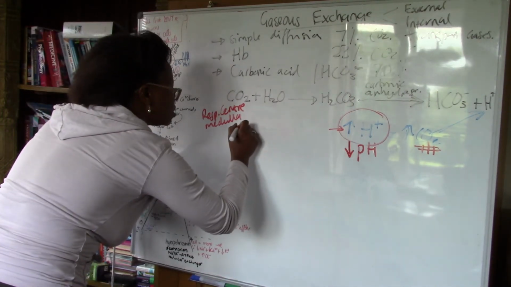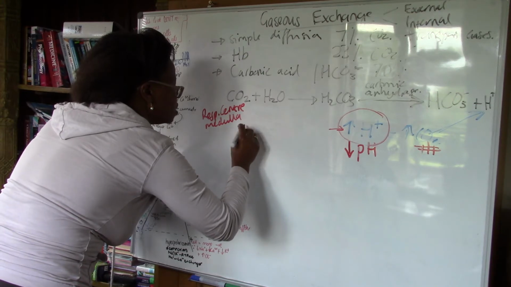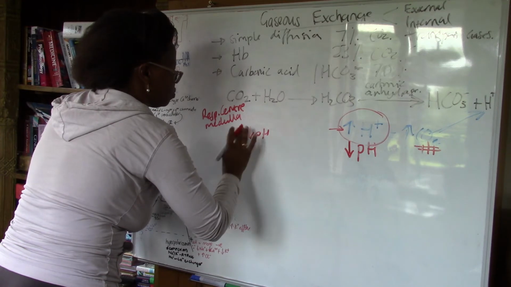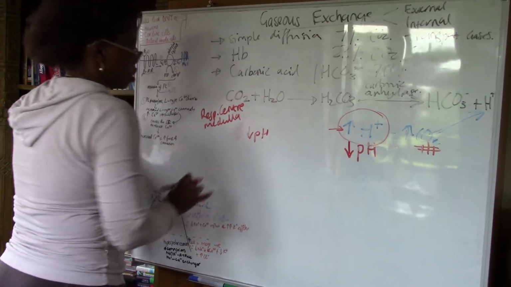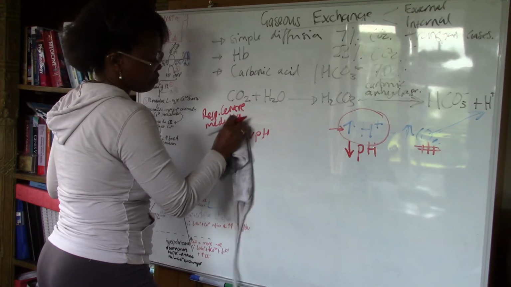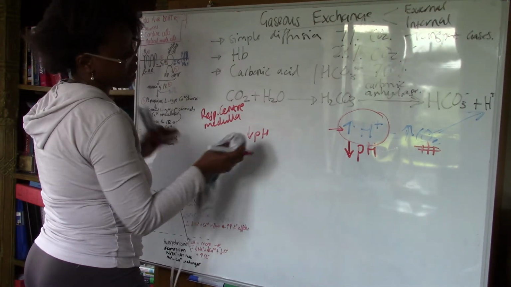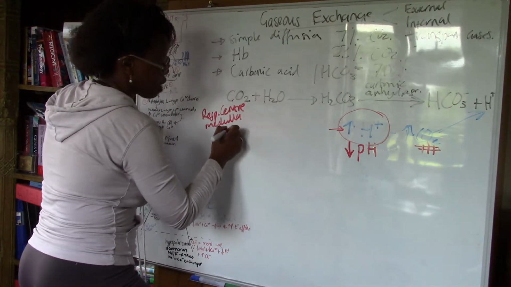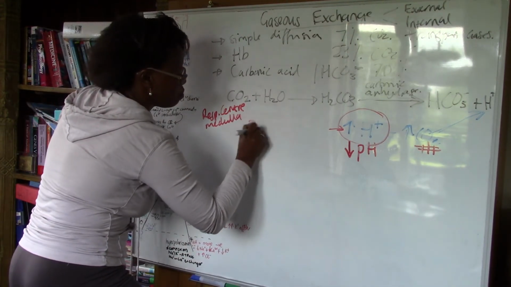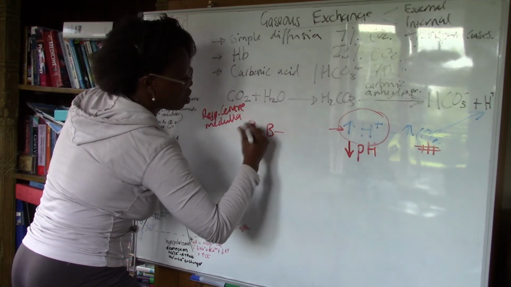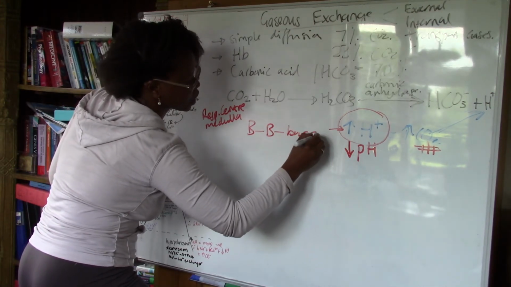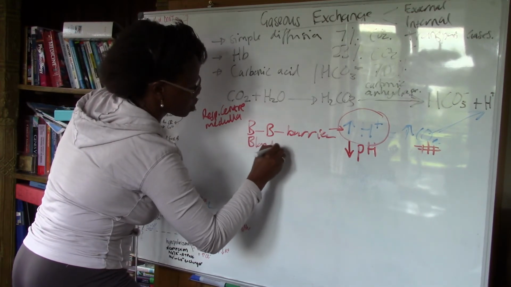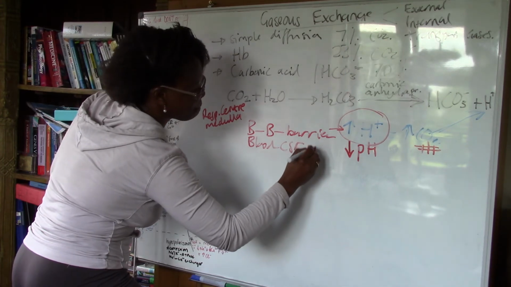So as these hydrogen ions increase and we have a low pH, the respiratory center needs to be activated. However, the way it activates the respiratory center is by carbon dioxide diffusing through the blood-brain barrier and through the blood-CSF barrier.